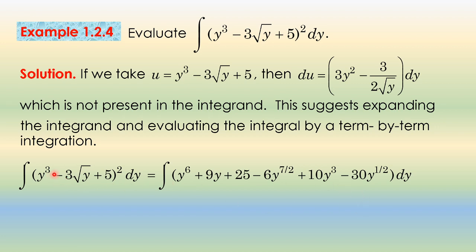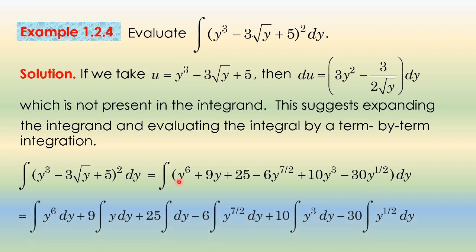The next term is obtained by multiplying the first term and the third term times 2, giving 10y cubed. And then finally we have negative 3 times 5 times square root of y, then times 2, getting negative 30 y to the 1 half.